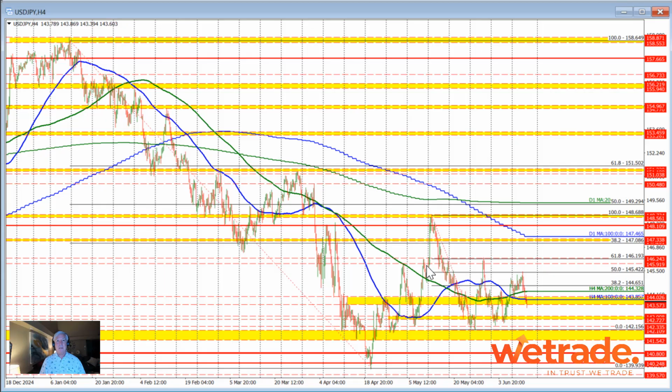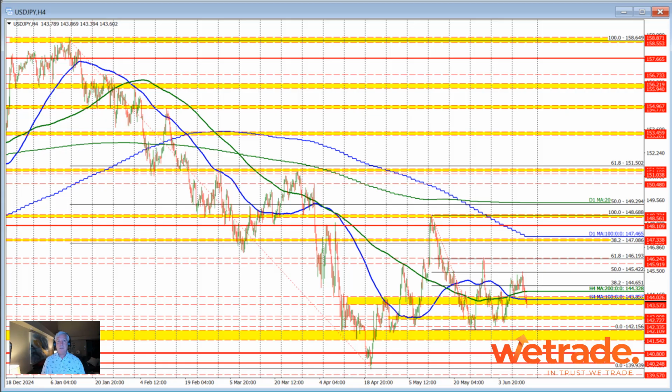The second move to the upside did run up to the 61.8% retracement of this move to the downside, and then in trading yesterday, the price high came up to the 50% retracement level and found willing sellers against that level. So that was also a negative bias for the dollar versus yen.